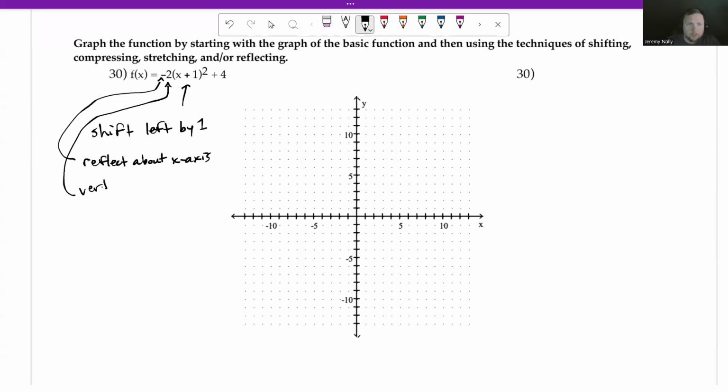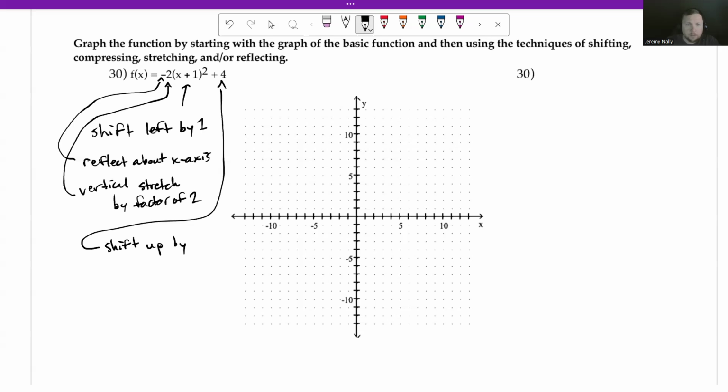The 2 is a vertical stretch by a factor of 2. And then the +4 is shift up by 4.